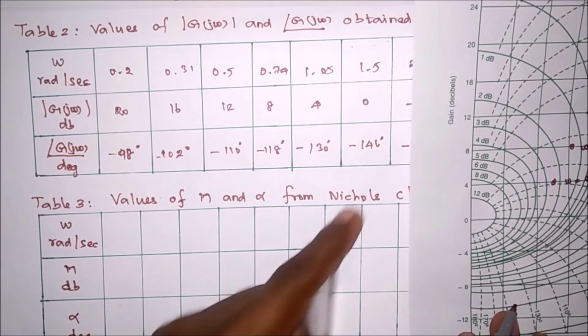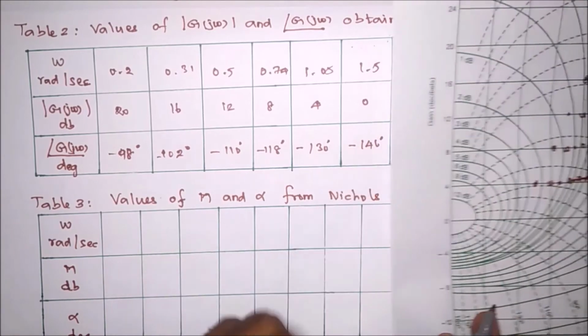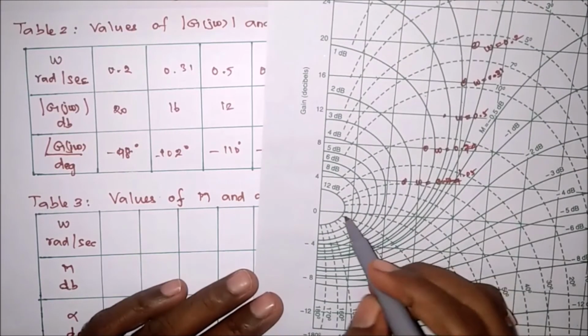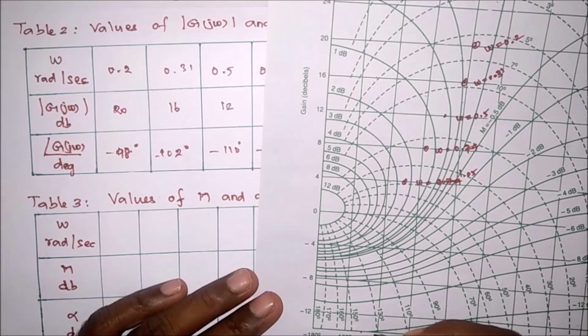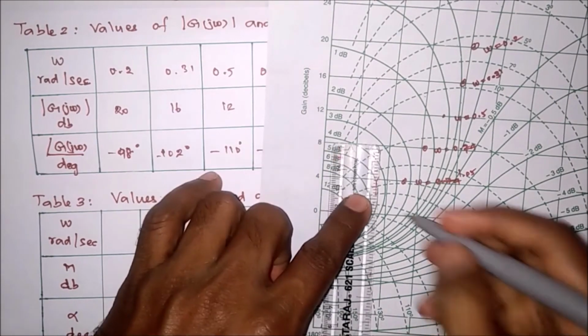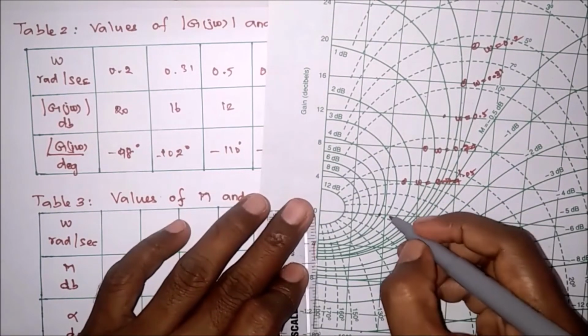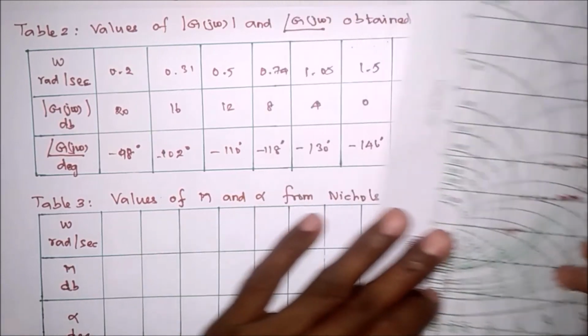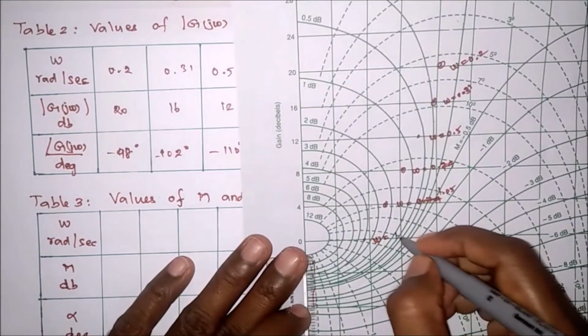Next 0, then minus 146. This is the 0, this is 150, and 146 means it will come here. So this is the point, omega equal to 1.5.